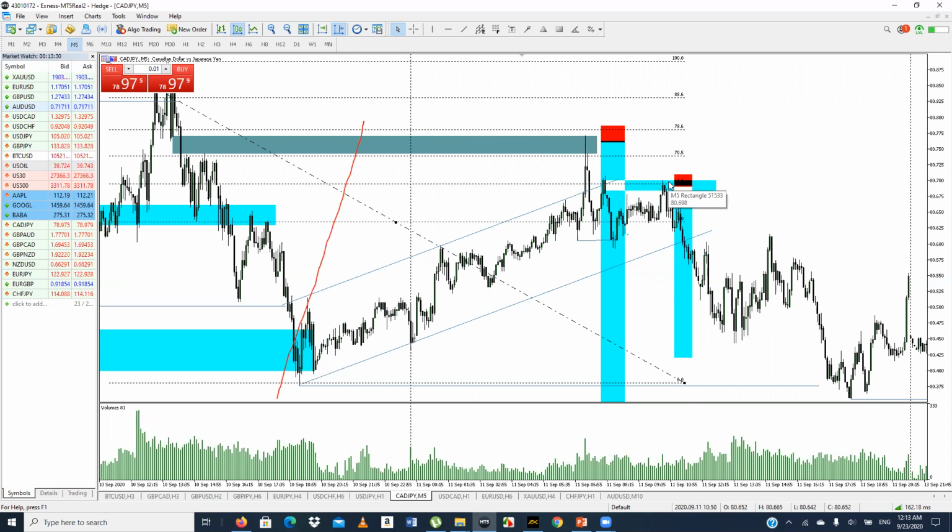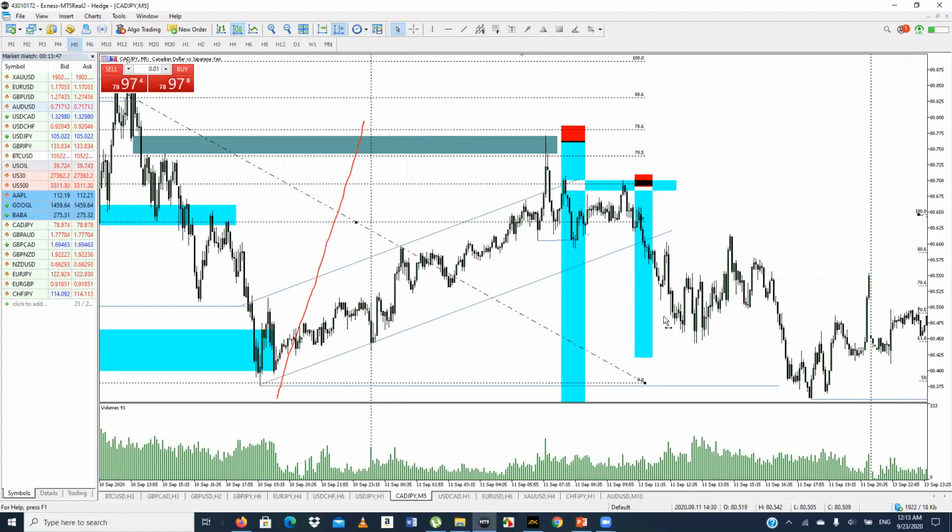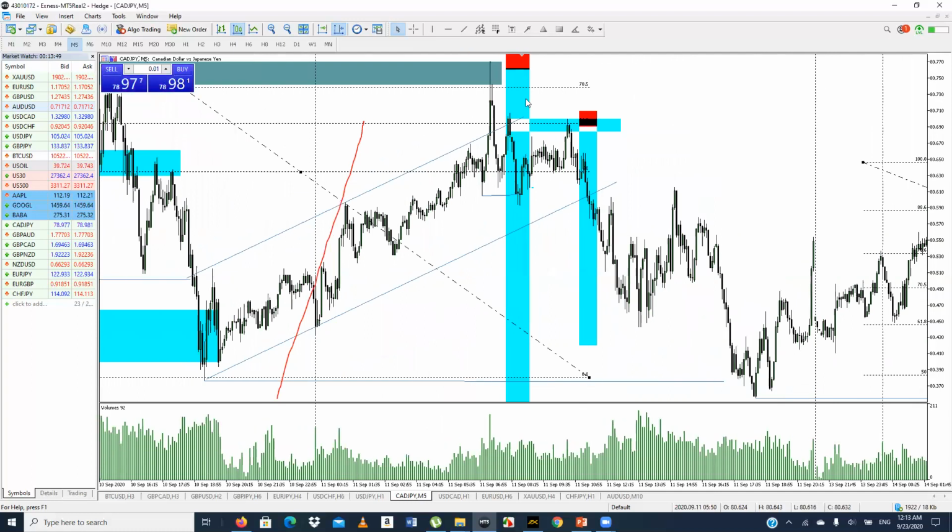So we have a shift in market structure here. This one wasn't a shift because market structure wasn't broken, but this is a shift because market structure had been broken. So we can trade onto this candle and put a stop loss just above this, and then wait for markets to fall. And this is what we do. And remember, the confirmation is always that market structure is broken.